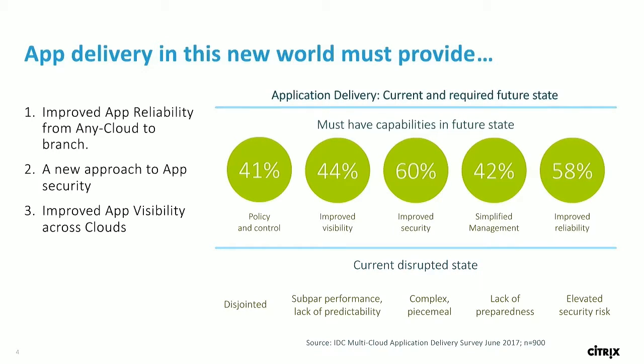So reliability in this context is reliability of the application, not just from the data center to the same site, but actually across from any cloud to the branch office users, as branch office users expect the same level of application performance as the users anywhere else. Also, security is critical, as you need to secure the apps in any cloud. And then the last piece is around visibility, right? Being able to have that visibility across multiple clouds.